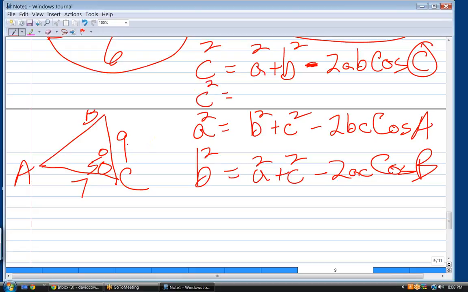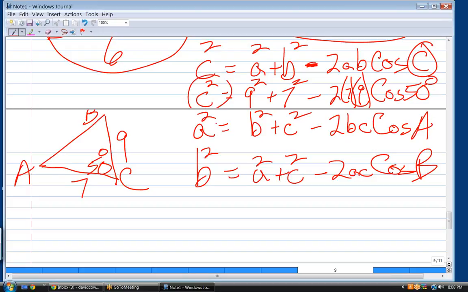I know what a squared is, 9 squared. B is 7 squared. Well, I know A and B. And the cosine of 50 degrees. So all of my knowns are on the right side now.